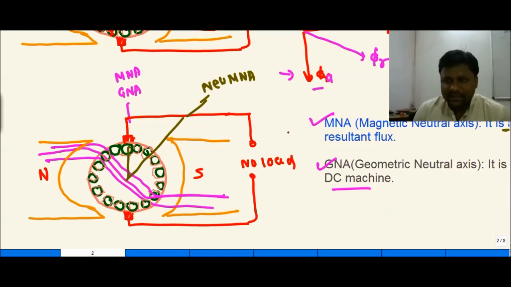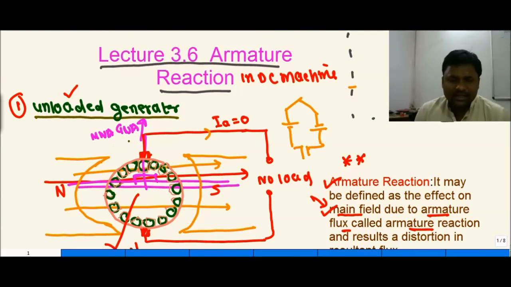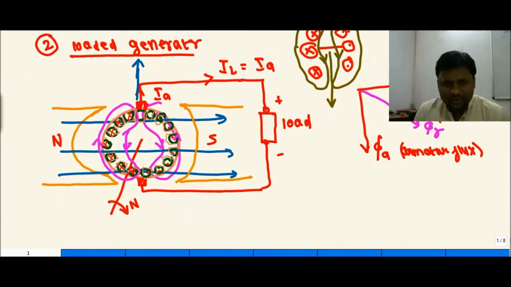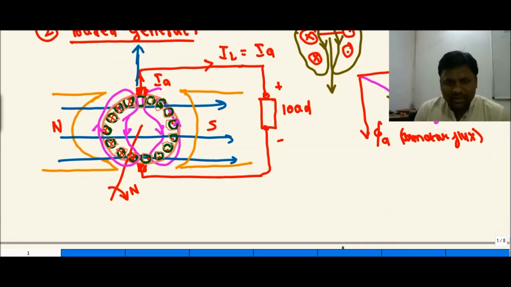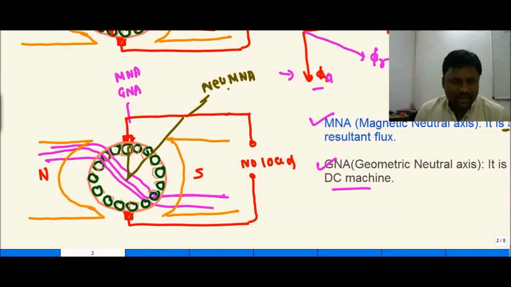So we can understand that whenever only the field flux is there, the MNA and GNA coincide with each other. But when the armature flux comes into the picture, the resultant flux is going to be like this. Due to the resultant flux, we are shifting the MNA like this fashion. So we have the new MNA axis.